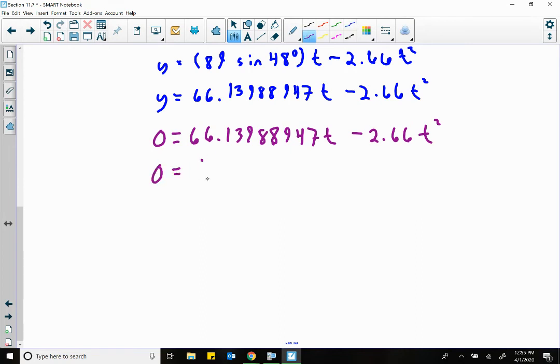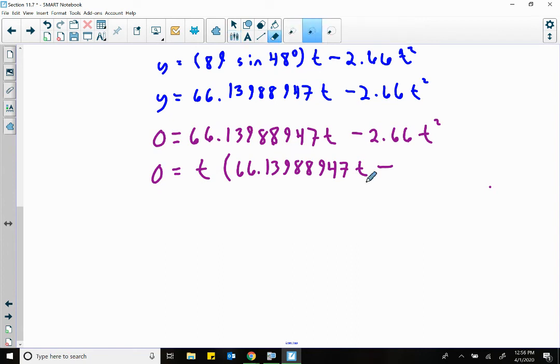0 equals, pull the t out, and you got 66.13988947, we pulled that t out of there. There's no more t left there. Minus 2.66 t.